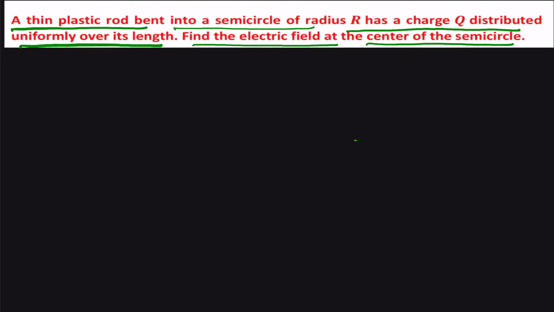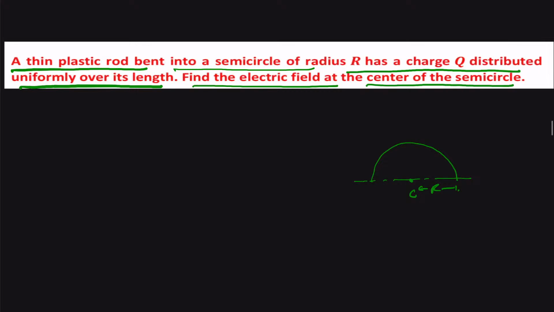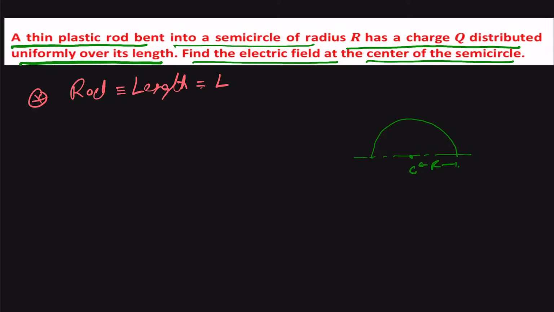So we are given that we have a semicircle, a wire rod that is bent in the form of a semicircle. Let us suppose this is center C, and its radius we have assumed is r. So we have a rod whose length is given as capital L, and this rod is made into a semicircle.